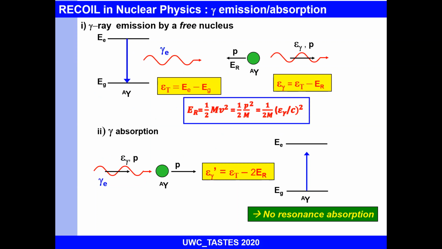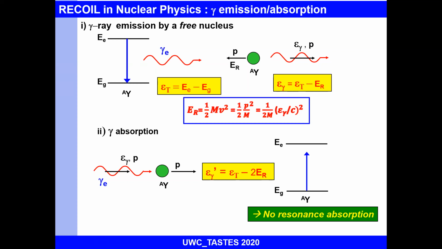If you look at recoil in nuclear physics, and you take a free nucleus that emits a photon, the photon carries away energy, but it also carries away momentum. This demands that the nucleus recoils in the opposite direction with the recoil energy, ER.